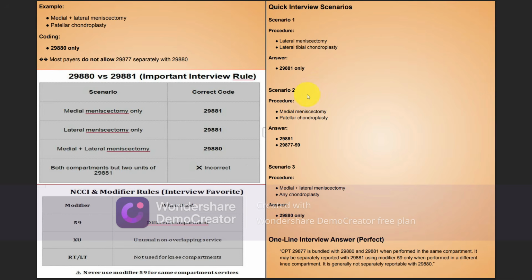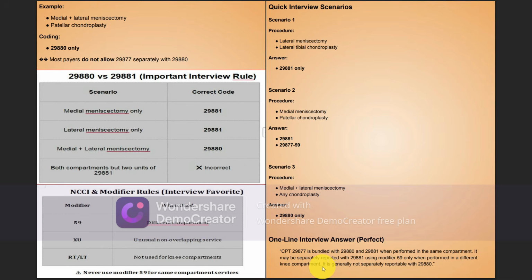Scenario 2: medial meniscectomy and patellar chondroplasty, use CPT 29881 and 29877, so you will code both. Scenario 3: medial plus lateral meniscectomy with any chondroplasty, code only 29880. Like a one-line answer.